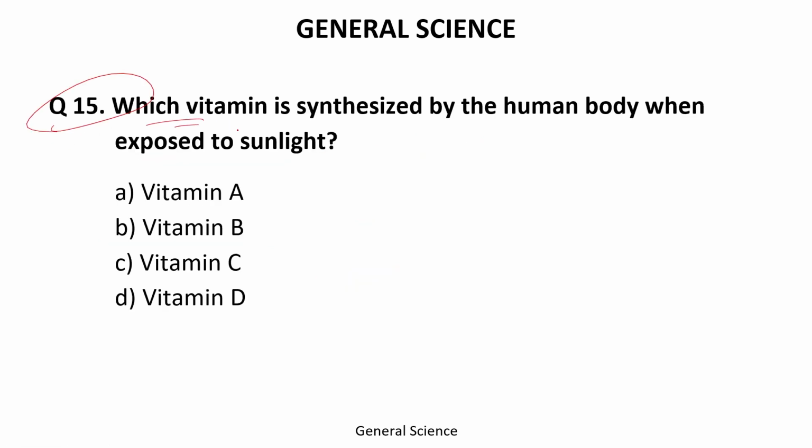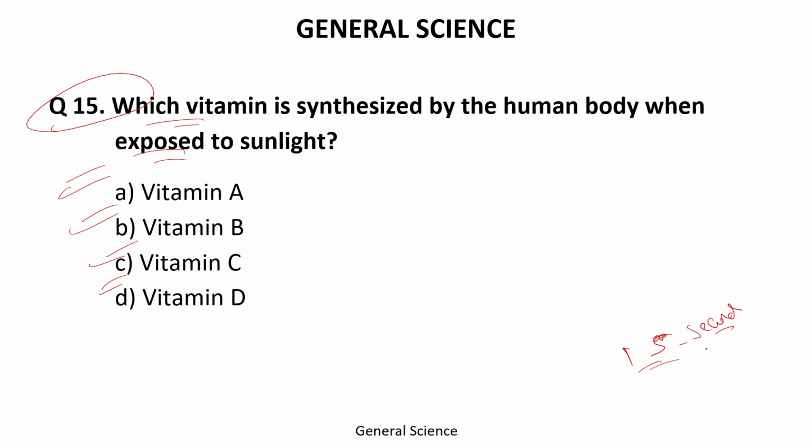Last question we have. Which vitamin is synthesized by the human body when exposed to the sunlight? A, B, C, D. 15 seconds you have to think and answer. Time starts now.